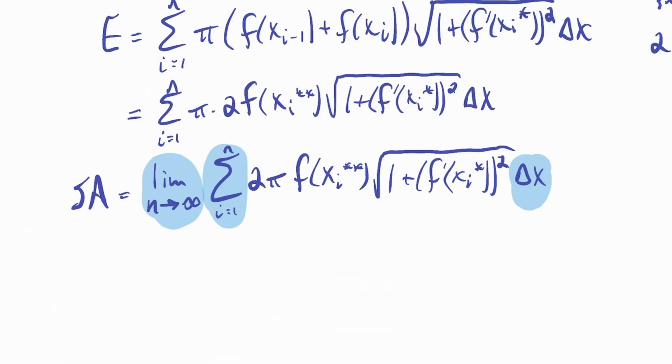This is a Riemann sum. The difficulty we have, though, is that I do not have a single x coordinate. I can't say this is just g of x, because there are two different x coordinates. So we're going to have to gloss over a detail. You can go look it up in a calculus book that goes into more detail, and if you would like to do that, just ask me and I'll give you the right direction.